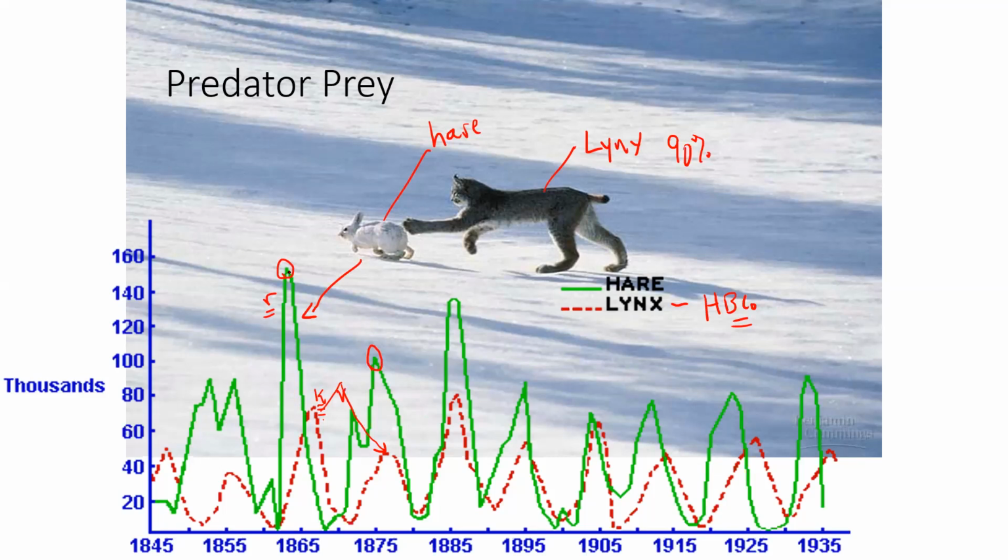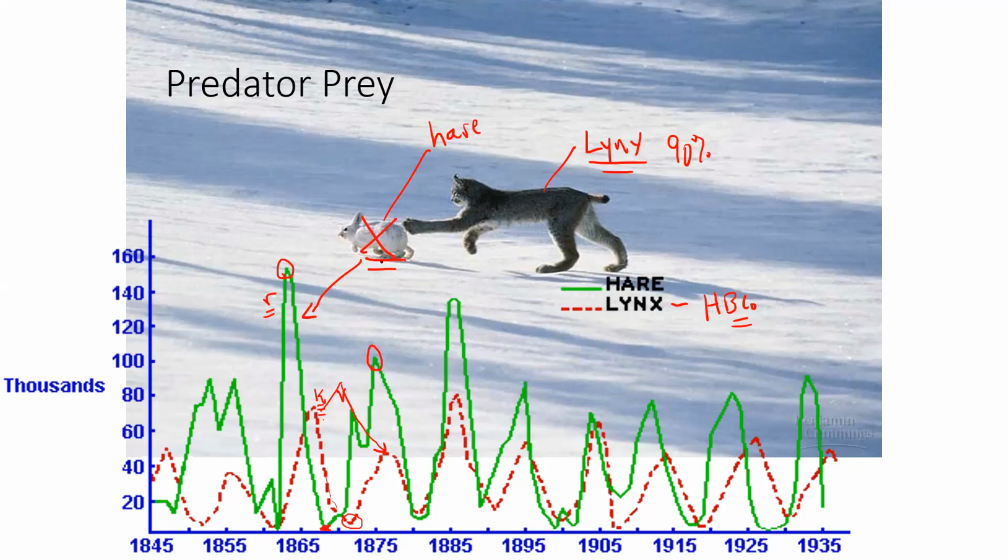After the hares peak, density-dependent factors cause them to get stressed, and they have hardly any leverets, baby hares, and they plummet. A few years later, the lynx population follows. They will travel 400 or 500 kilometers in search of food when the hares just crash. Now this is very interesting.